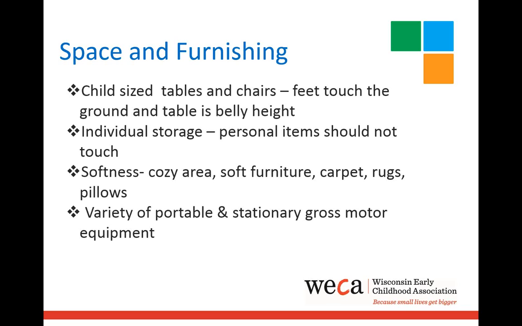And a variety of portable and stationary gross motor equipment. You will be able to find in your book a list of a few options for what is considered portable and stationary. Portable, of course, is your balls and frisbees and jump ropes. Stationary is your bigger climbers, but it doesn't necessarily have to be a climber. It could be a basketball hoop.